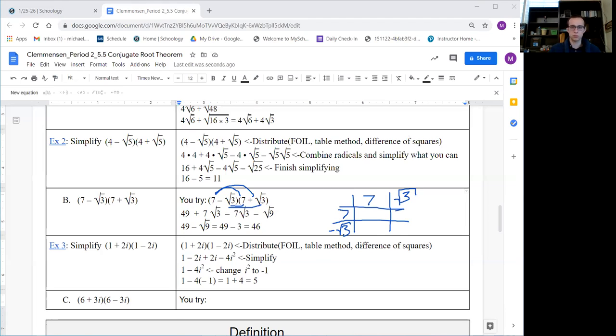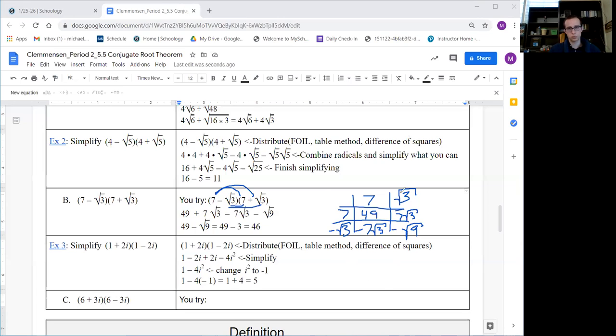I'll do this version, so it's a little bit easier to see. 7 times 7 gives me 49. 7 times the square root of 3 gives me 7 root 3. Negative 7 root 3. And then negative root 3 times root 3 gives me a root combined, which is 9, with a negative out front.